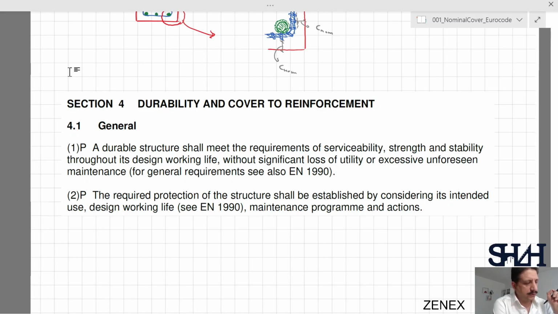And also number 2, the required protection of the structure shall be established by considering its intended use, design working life, based on Eurocode 1990, maintenance program, and actions. So for this reason, we need to calculate the minimum cover.